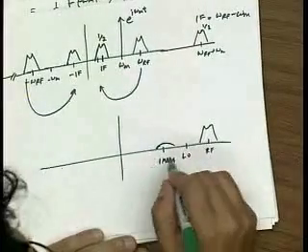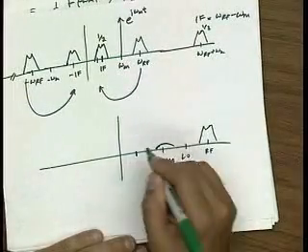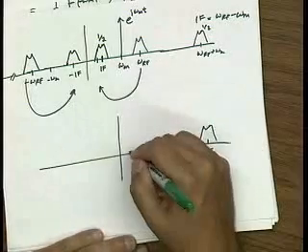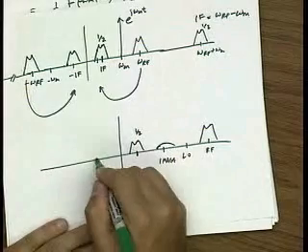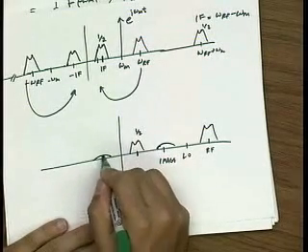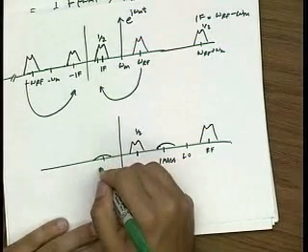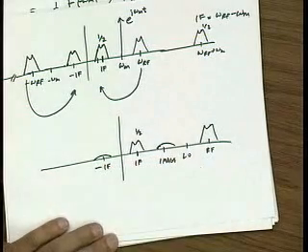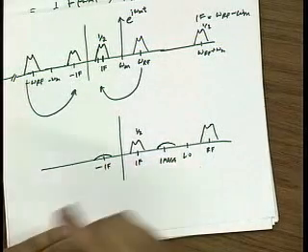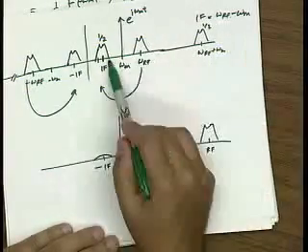So due to the multiplication by this, my RF moves here with a factor 1/2. My image moves here to minus IF. Okay? So that's what happens when I multiply this part of the spectrum by this.